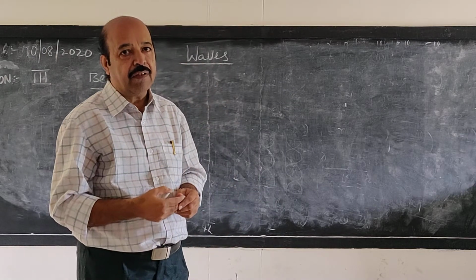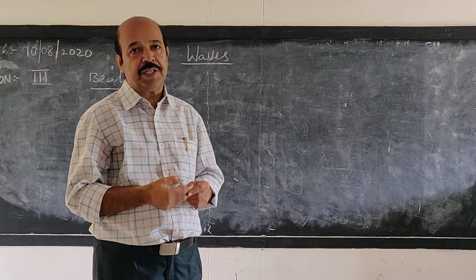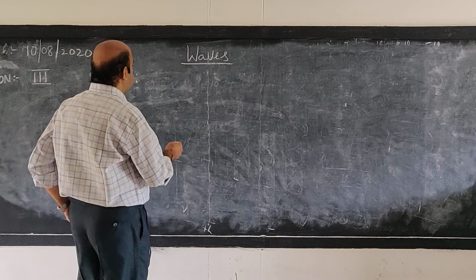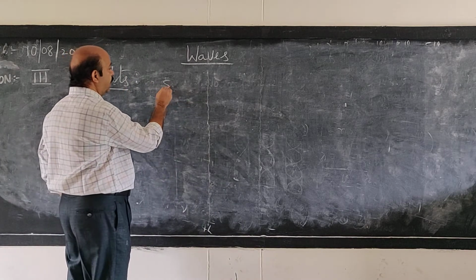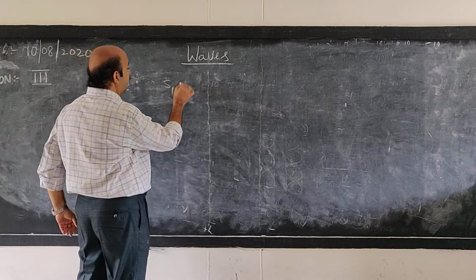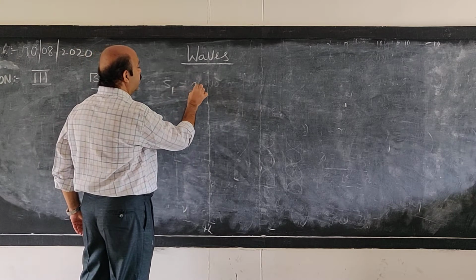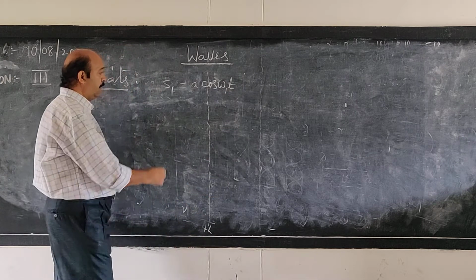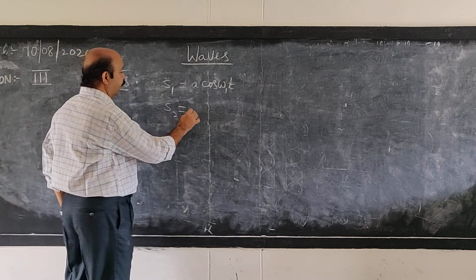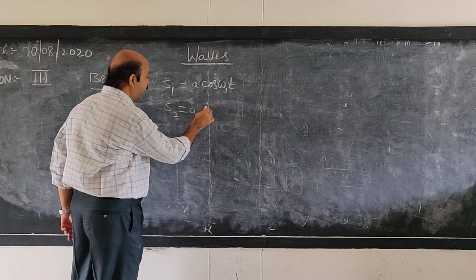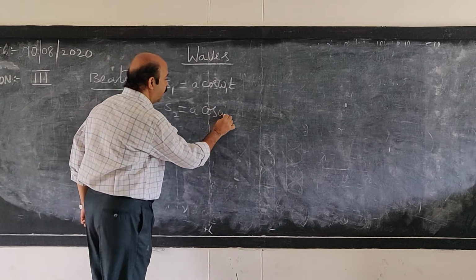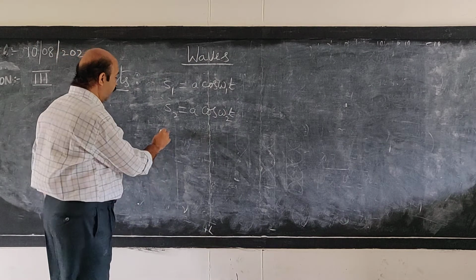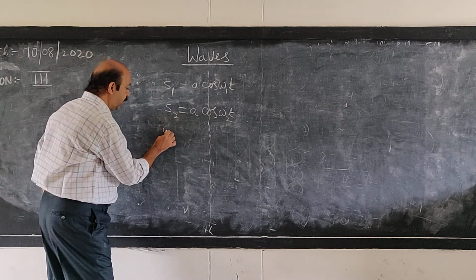So let us derive a mathematical expression for beat frequency. Let us consider two sound waves. Let S1 be represented by A cos omega 1 t, and another wave with slightly different frequency is represented by A cos omega 2 t.